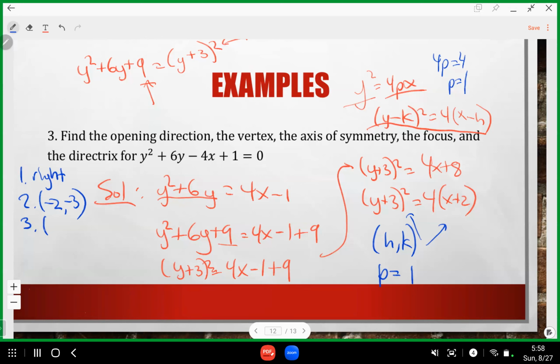It's (-1, -3), because it's to the right of the vertex. So that's the focus, and the directrix is going to be to the left, at x is equal to -3.